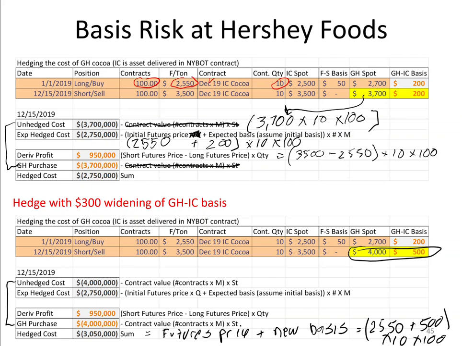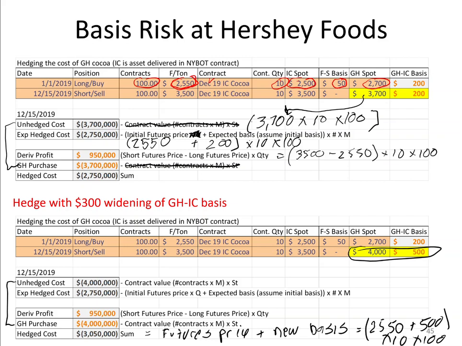And they know if they wait till December, they will get Ivory Coast cocoa, but they don't want it. At the time, the Ivory Coast spot price is $2,500. Remember that futures price for December delivery is $25.50. So we say the futures spot basis is $50 at the time when Ghana cocoa is selling for $2,700.